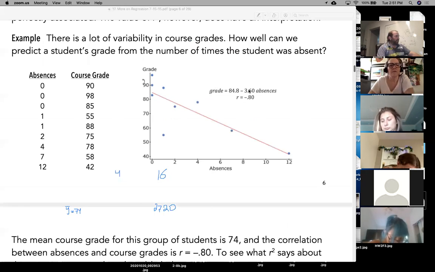Grades, which is the y-axis, equals 84.8 minus 3.6 times absences, and absences are your x value. So we have y equals 84.8 minus 3.6 times x. Does that make sense?